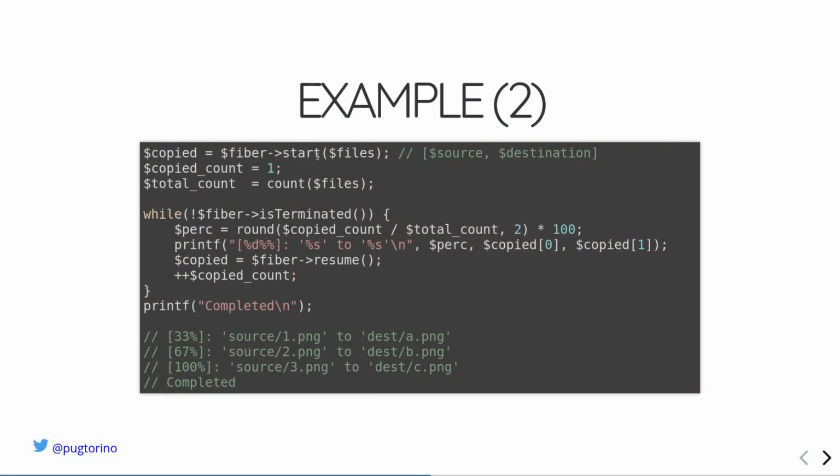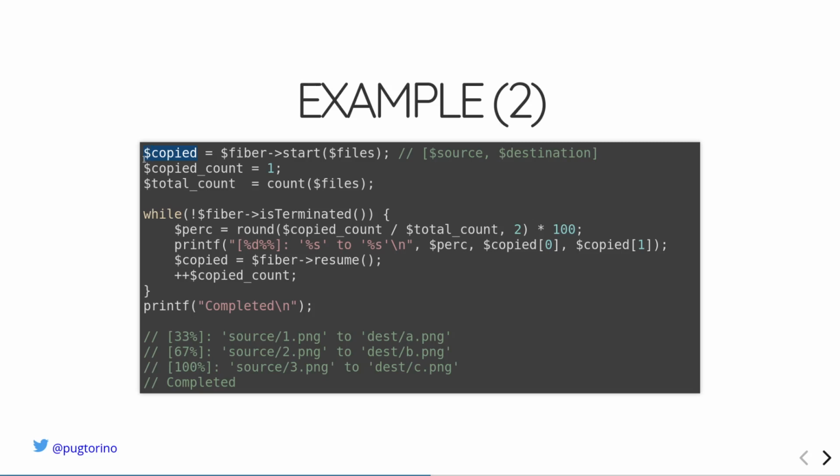So let's see how to use this fiber implementation. We start the execution passing the $files, the array of the files that we want to copy, and we store the return value in a $copied variable.